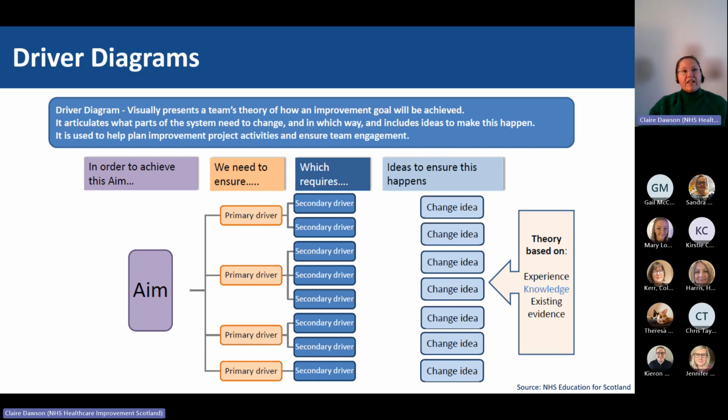And then those things are all the what needs to happen and what you need to have in place to be able to deliver your aim. And then how you make that aim happen is where you bring your change ideas in. So those are the things that you're going to start, stop, or do differently in order to be able to move yourself towards your aim.